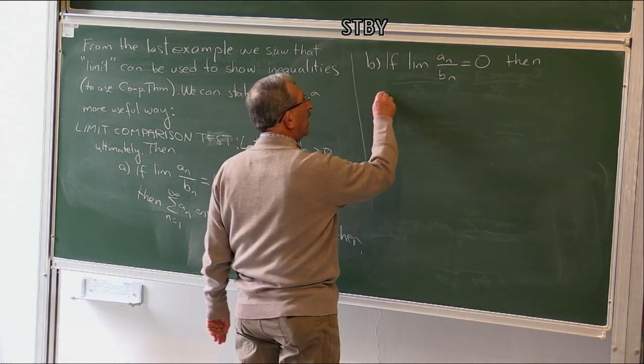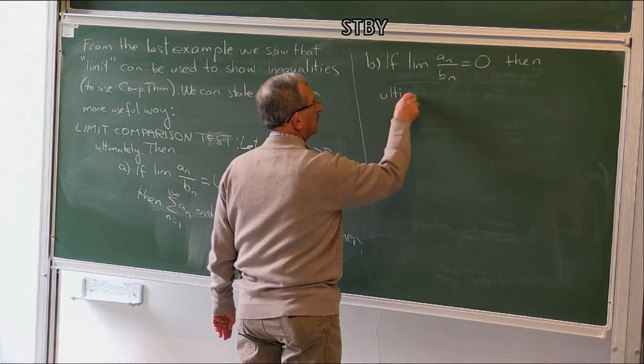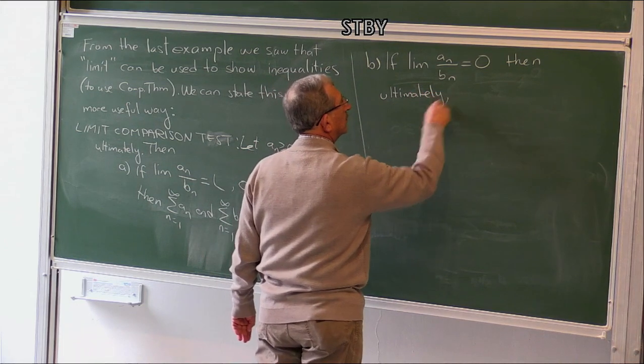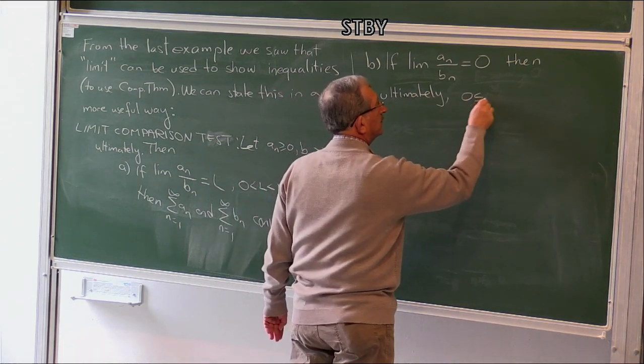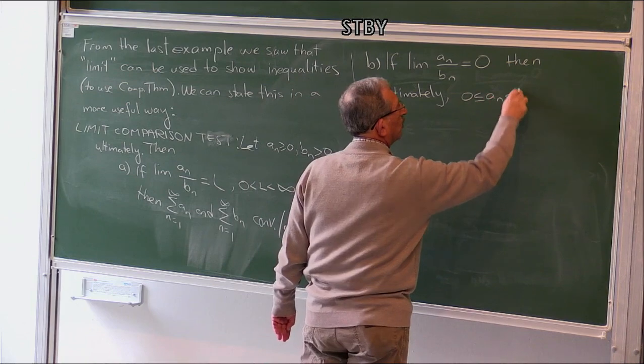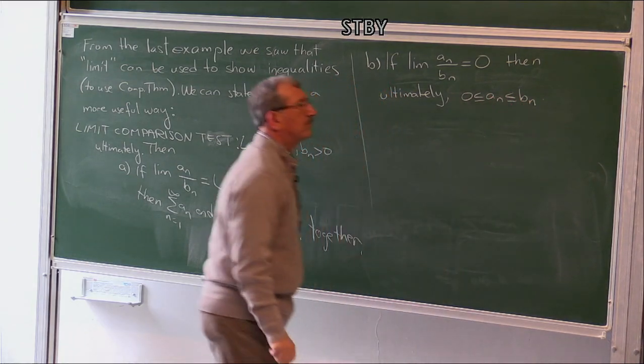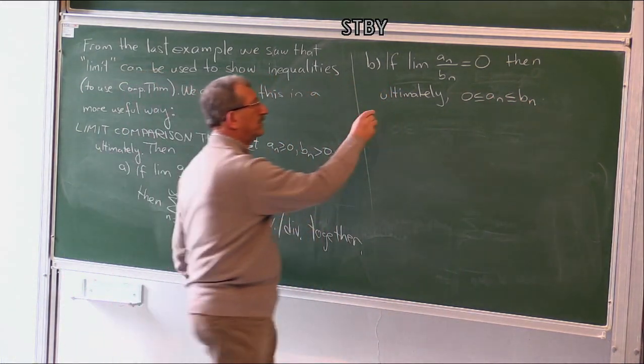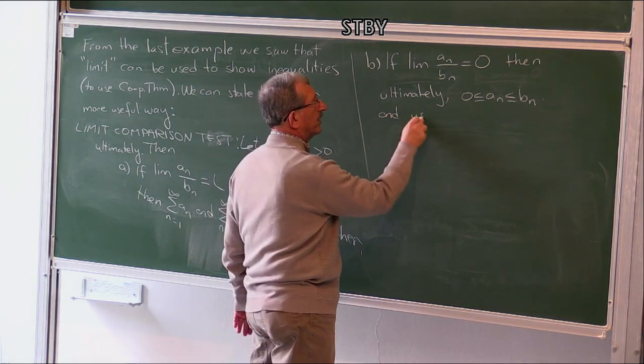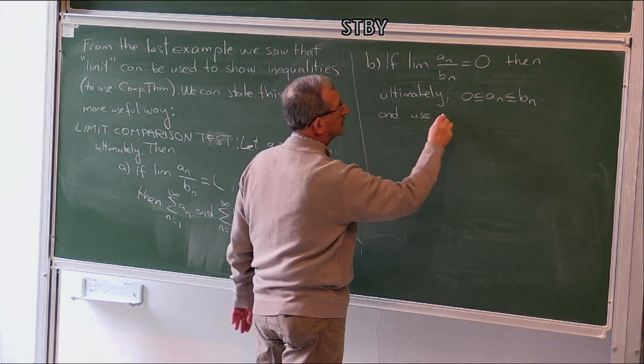So then, ultimately, An is smaller than Bn, and use comparison theorem. You have your inequalities.